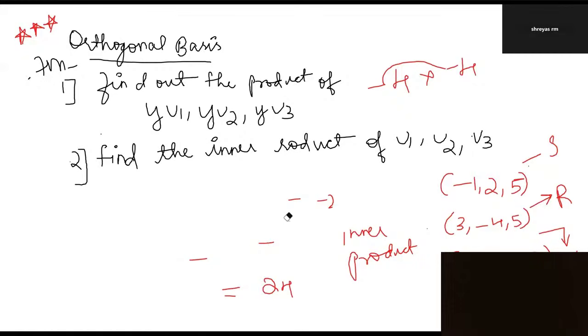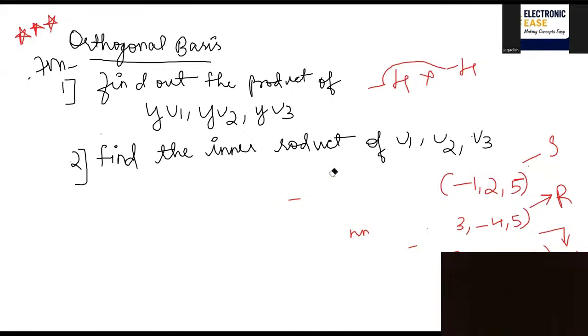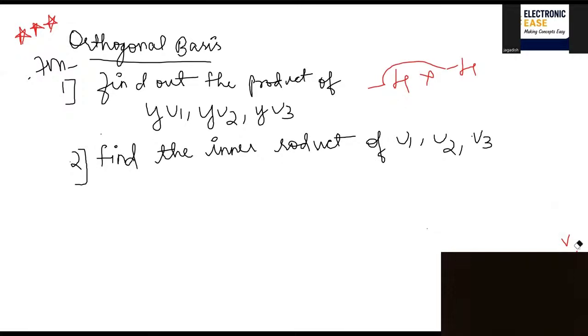No, sir. Next, after finding out the inner product of u1 into u2, if I do problems, you will be understanding. I think it will take time. So then what you need to do is substitute in the equation. This equation you need to remember. This is a very big equation.